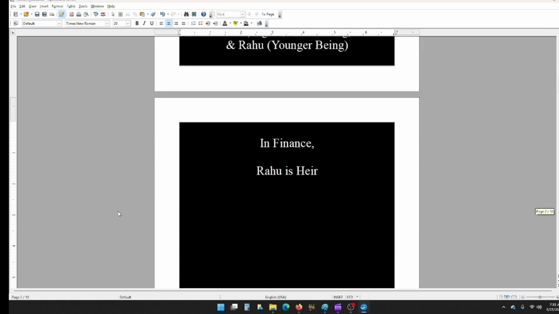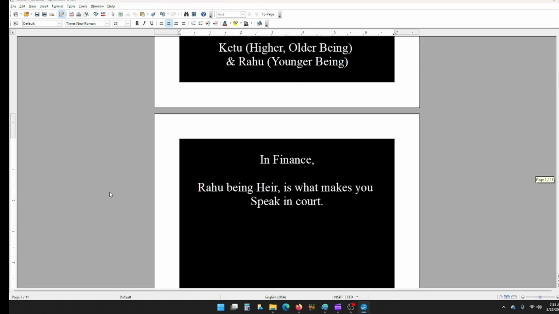In finance, Rahu is heir. But Rahu, being heir, is also what makes you speak in court. You do this for someone else. You have a purpose to speak for somebody else. In a sense, you are an advocate. You are speaking for someone who has lesser scope in life. So you, being the bigger scope, speak for them. You are protecting them.